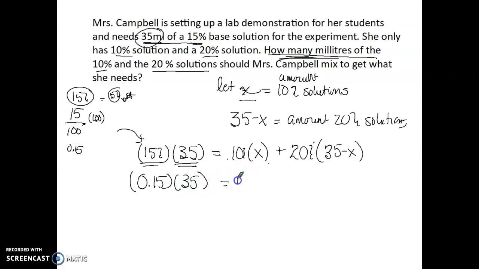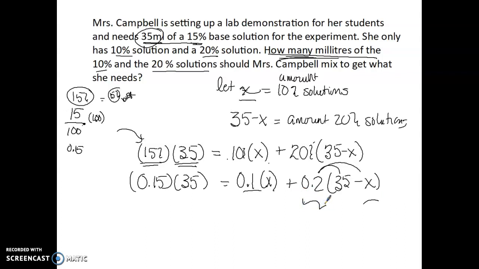And that 10% or 0.1 times x, plus 20% or 0.2, which is distributed, 35 minus x. So you would have to multiply that out. Then you'd have to combine like terms. It would just be the same steps that you would do to solve.